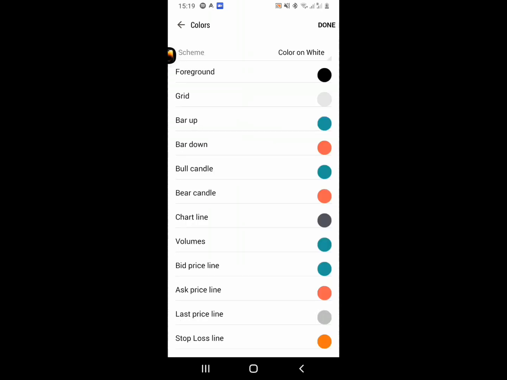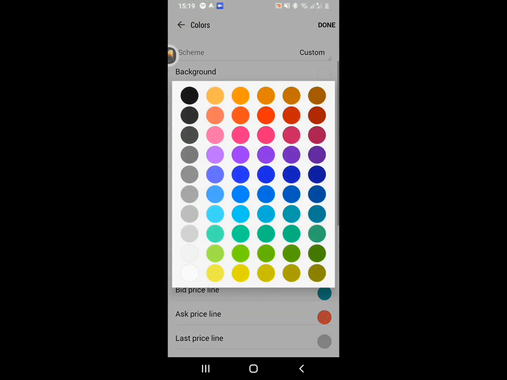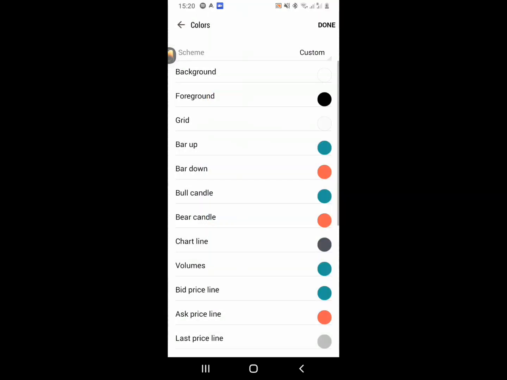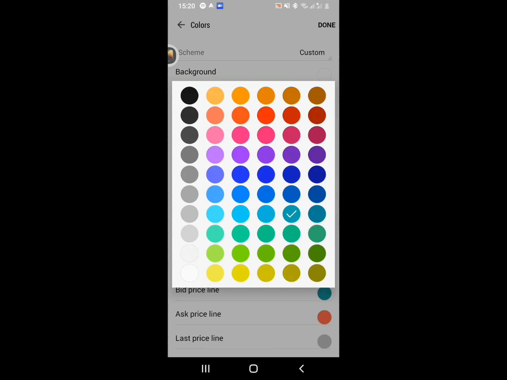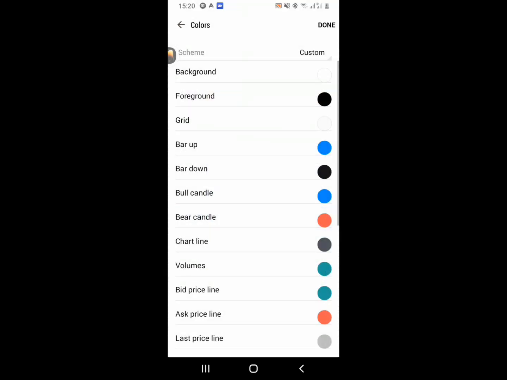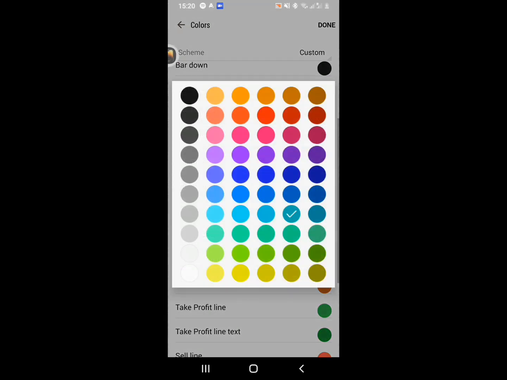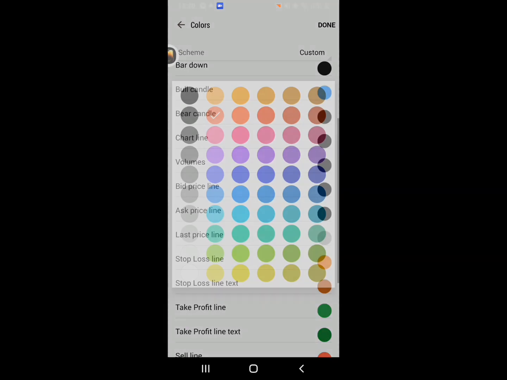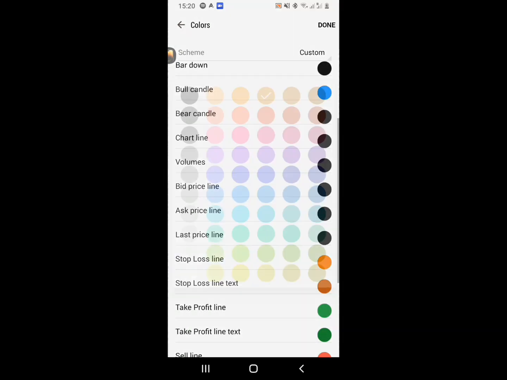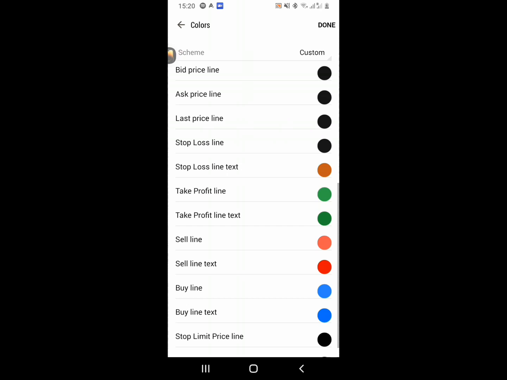So basically what I did is I went to colors on the MetaTrader 5 settings, and I will change most of the colors to blue for the bullish candles, and for the bearish candles, I will change everything to black, including all the other settings, stop loss lines and take profit targets and sell stop and sell limit, and all those lines will be black because I just want to have two sets of colors on my charts.